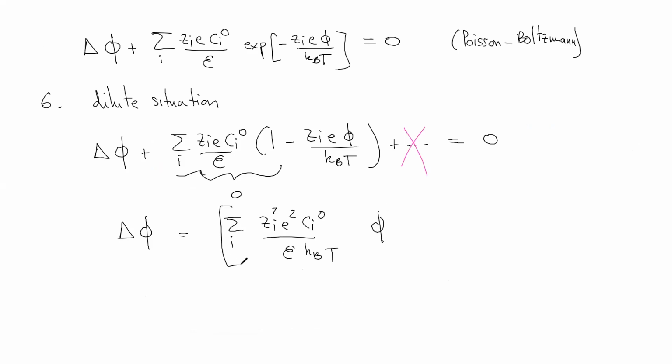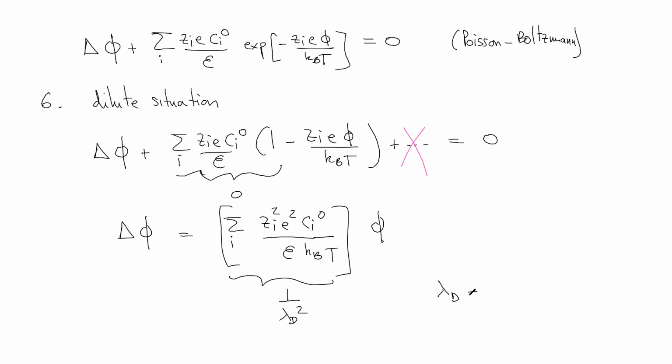And I can even group those together and call that, you see you have a Laplacian operator, which is a second derivative with respect to distance typically. So this must be the inverse of a distance squared that I call the Debye length.